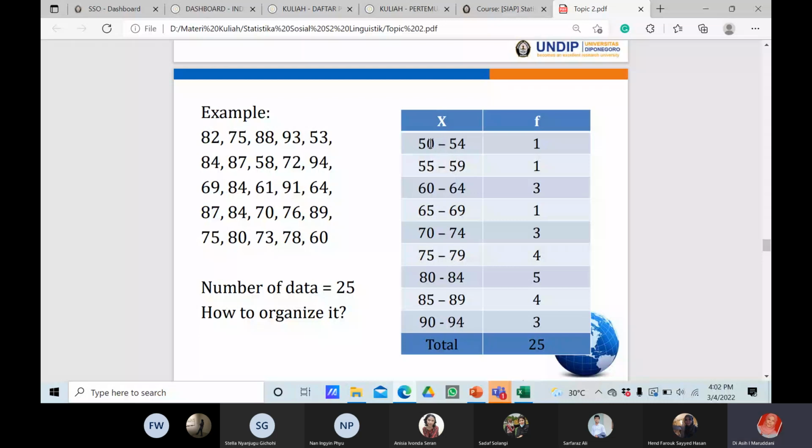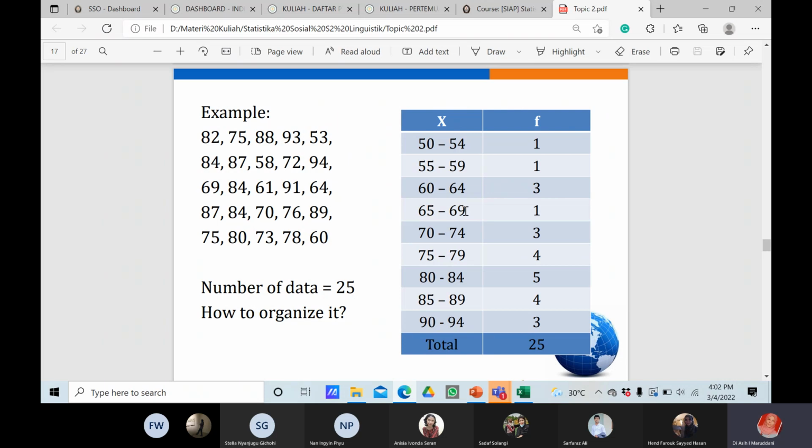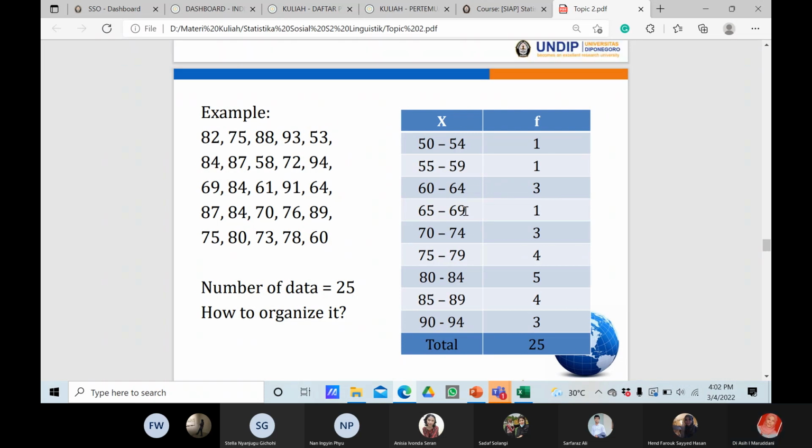How to present the interval and the number of classes of the table depends on the researchers. Maybe you will start with 50 until 55, then the second row is 56 until maybe 60 and so on.